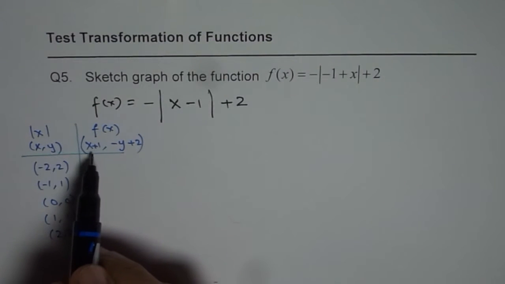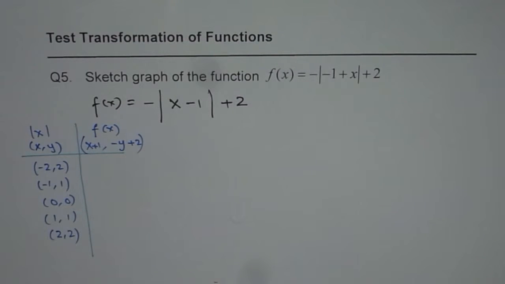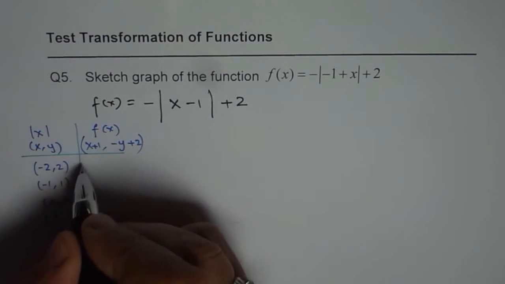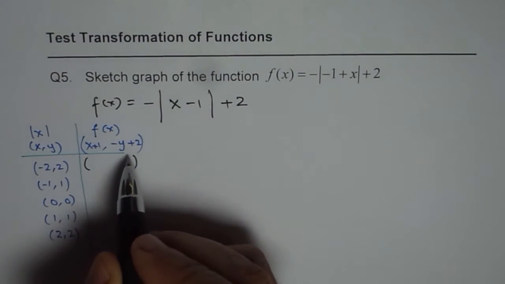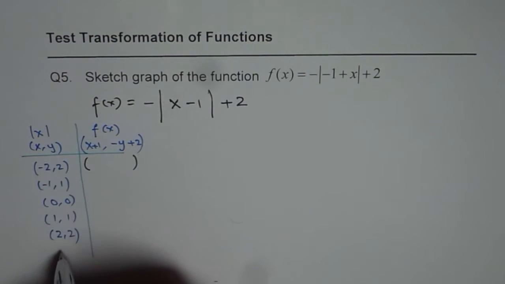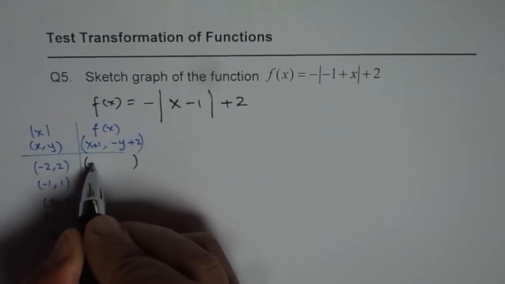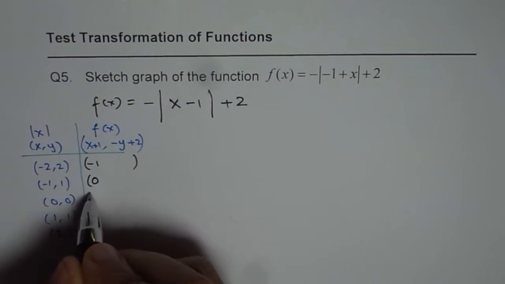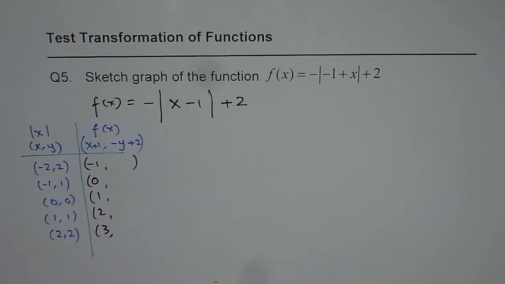So if you apply this transformation, let's first add 1 to the x values. If I add 1 to the x values, I get -1, 0, 1, 2, and 3. That is the change in the x values.